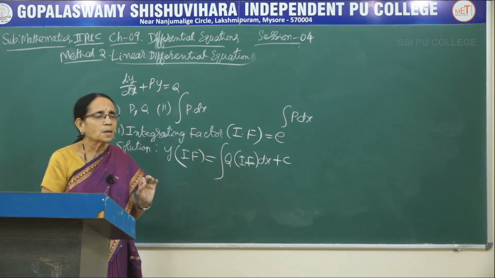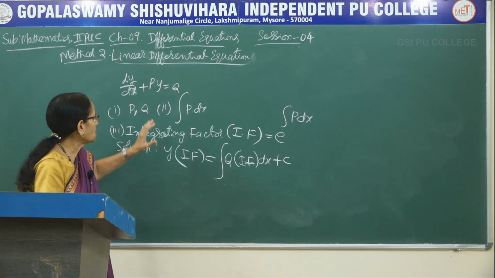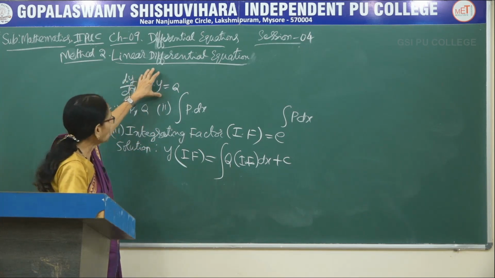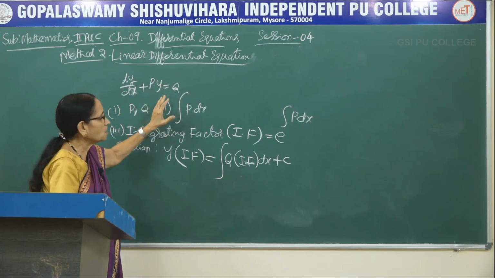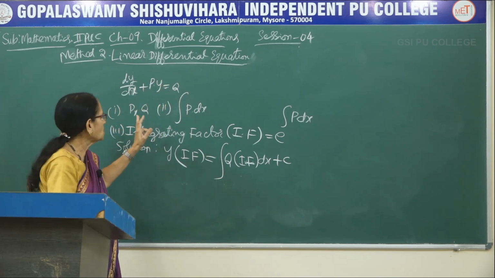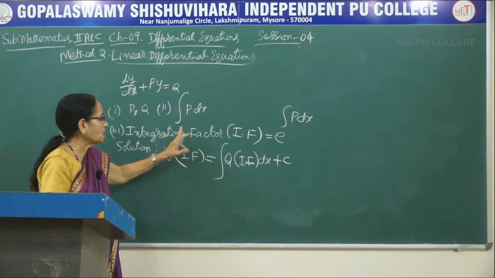So first bring the equation to this form if it is not given in that form. That means dy by dx has to be separated, plus p into y equal to q. P and q should be functions of x, or they have to be constants. Find what is p and what is q. Then find integral p dx.